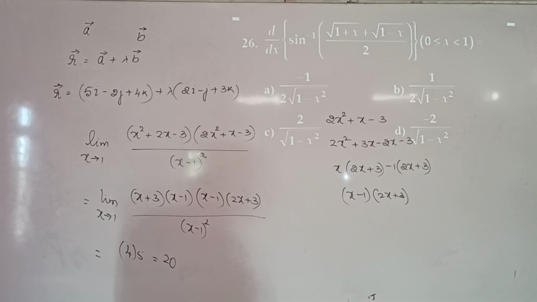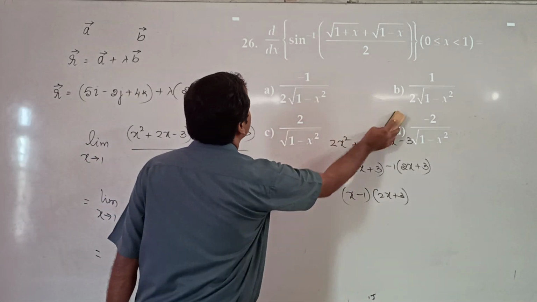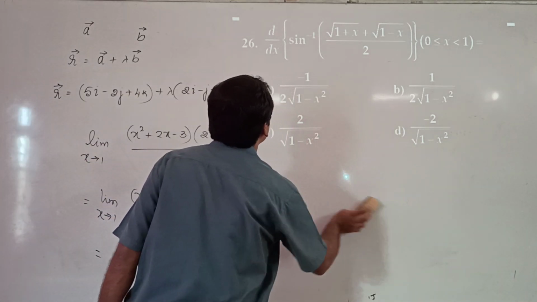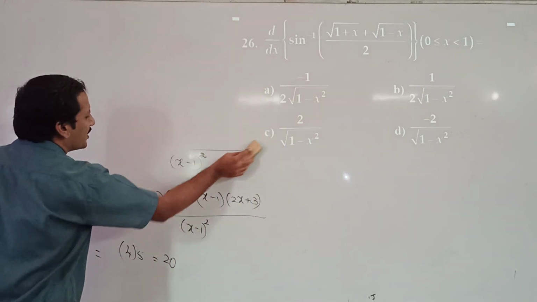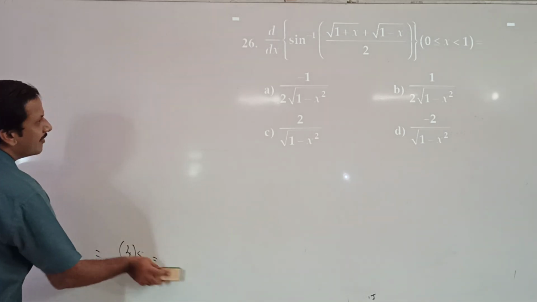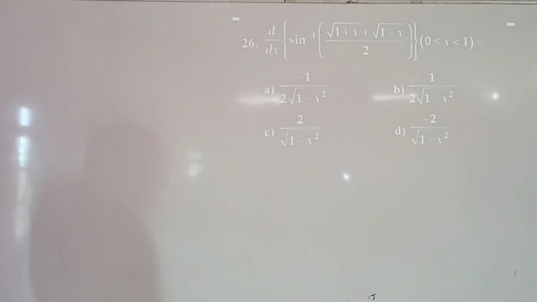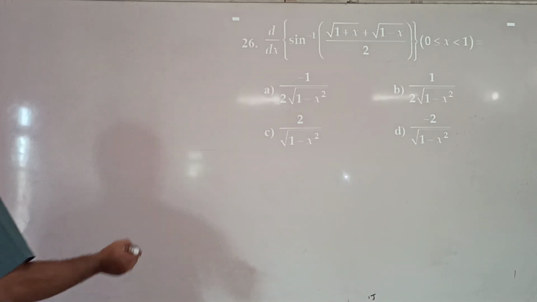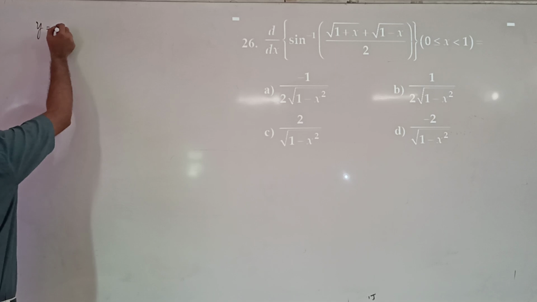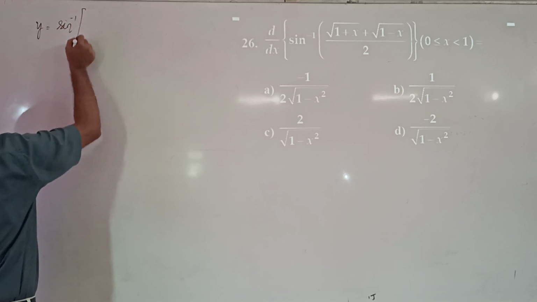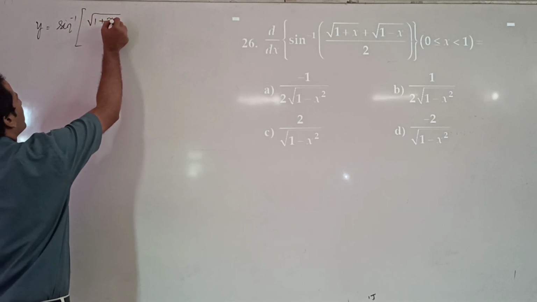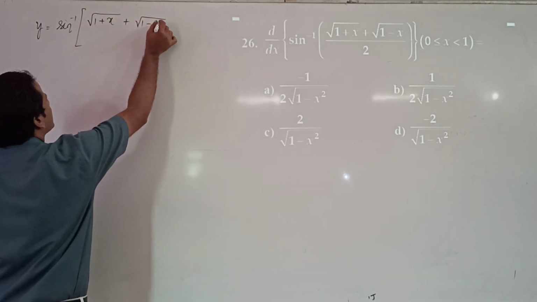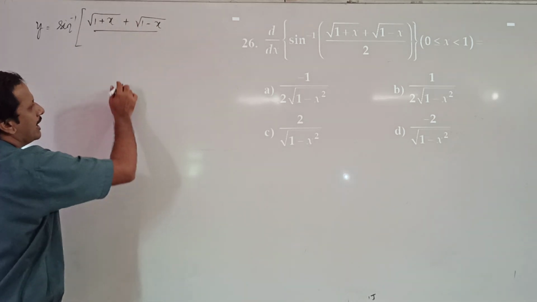Okay. Next question, 26. d by dx of sine inverse of (root of 1 plus x plus root of 1 minus x) divided by 2, where x is between 0 and 1, is. Okay. So I will call that y, and y is equal to sine inverse of (root 1 plus x plus root 1 minus x) by 2.